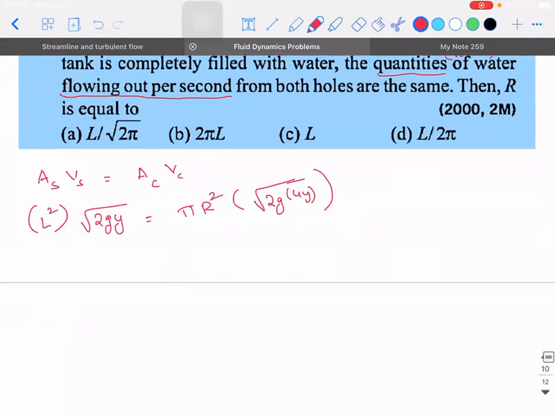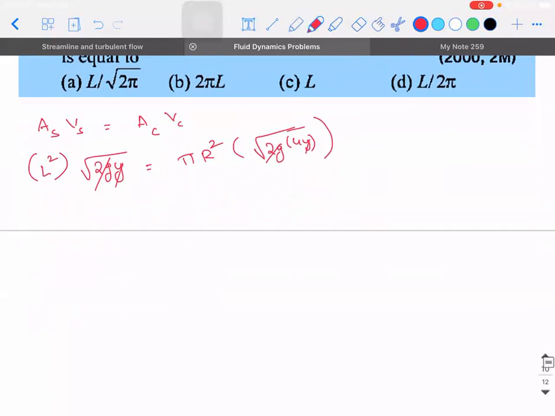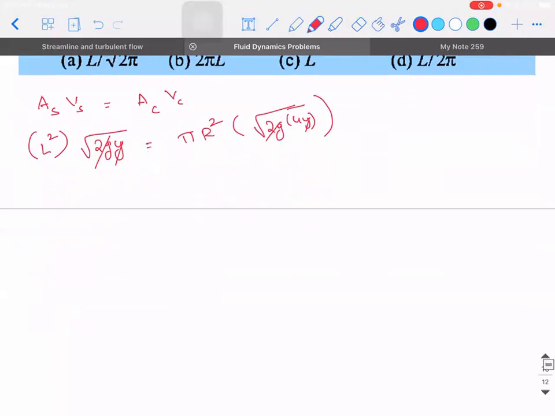They've asked us the value of r. So 2g will get cancelled, y will get cancelled. Square root of 4 is 2. So L square by 2 is equal to pi r square, which implies r will be equal to L divided by square root of 2 pi.